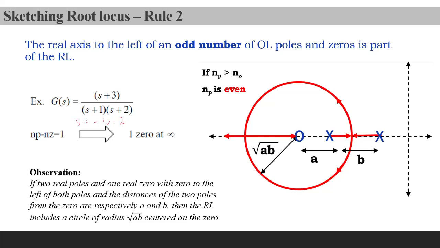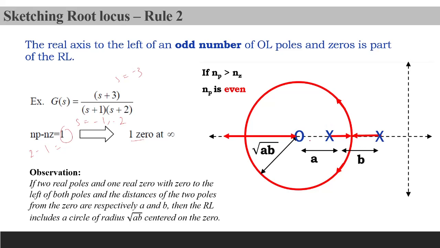So these two poles are present here, and the zero would be at s equals -3. So one zero. Of course I can say that np minus nz would be equal to 2 minus 1, which equals 1, and there would be 1 zero at infinity, and of course 1 zero is present here. So if I draw a zero and 2 poles at their respective positions, I could directly join this pole with the zero.